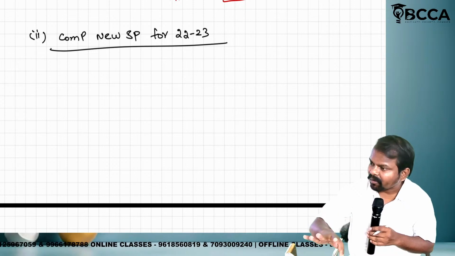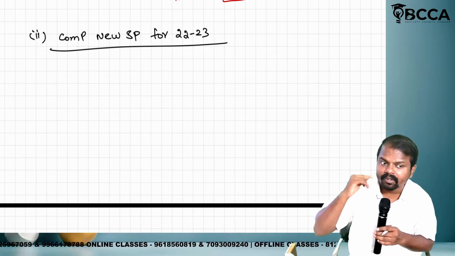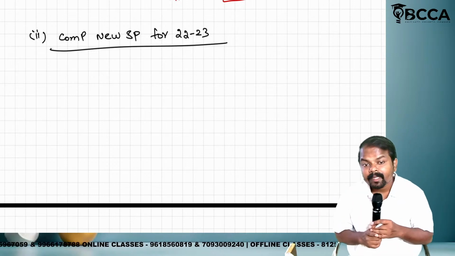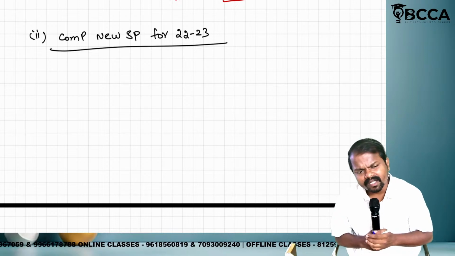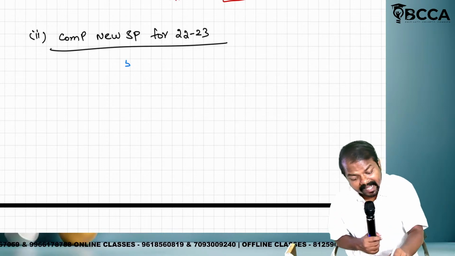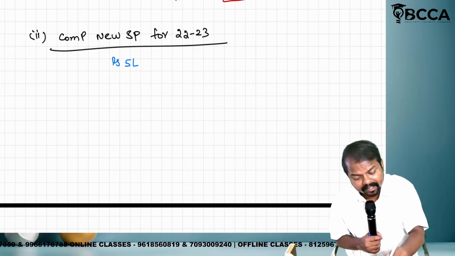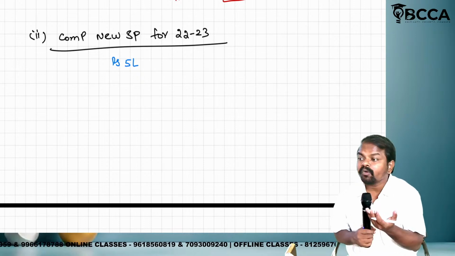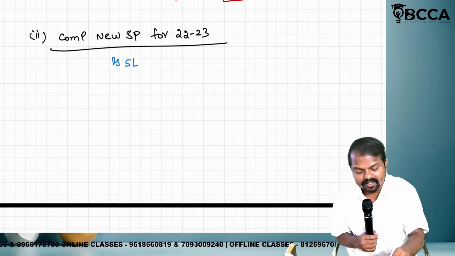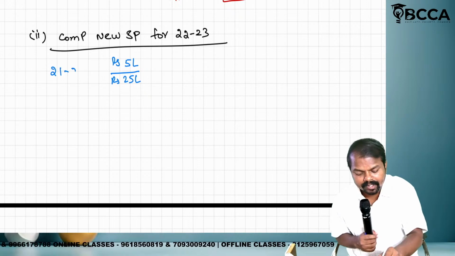Listen. They gave the same percentage, not the same amount. How much profit did you earn last year? 5 lakh rupees profit, out of how much sales? 25 lakh sales. I am asking about 21-22.